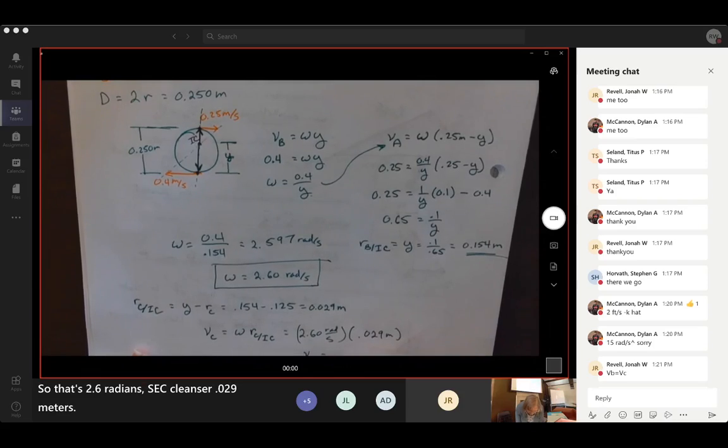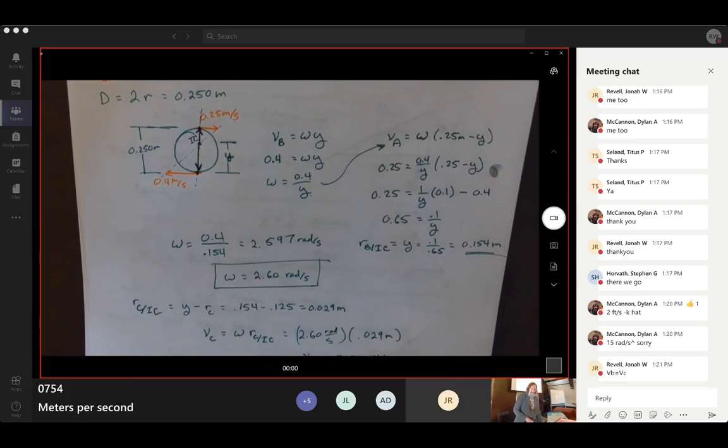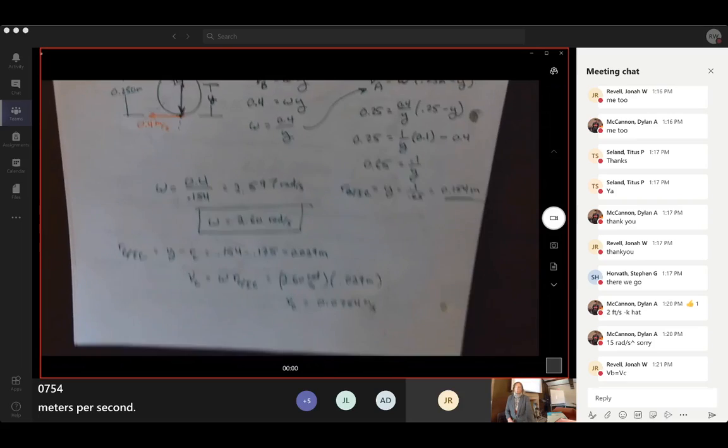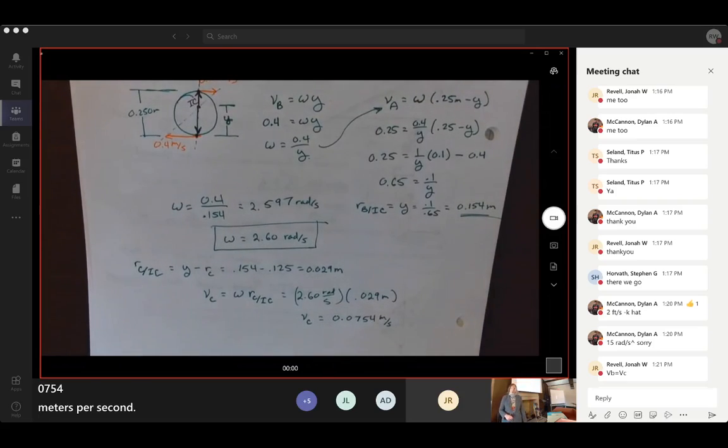And so the velocity of the center of our cylinder will be 0.0754 meters per second. Sorry. So that's a speed.